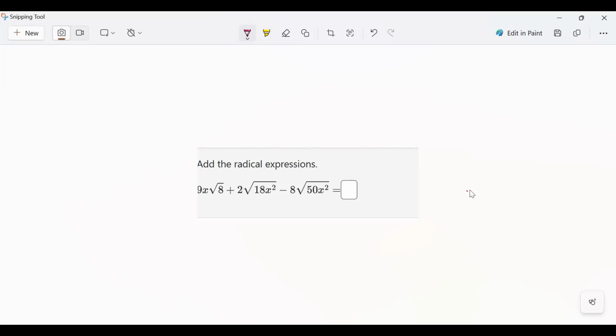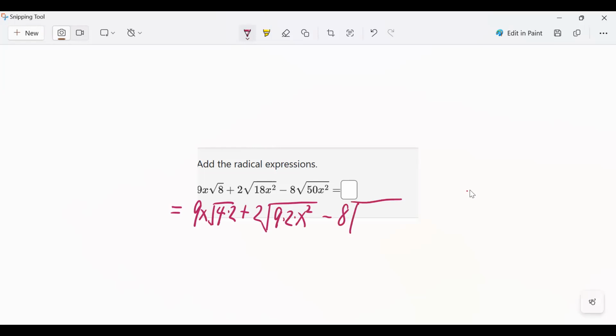All right, let's confirm the answers here. 9x for the first, and then break down 8x as 4 times 2. Second term, break down 18 as 9 times 2 and the square.